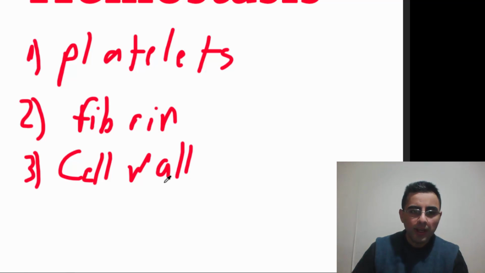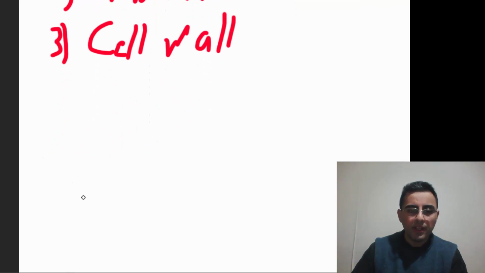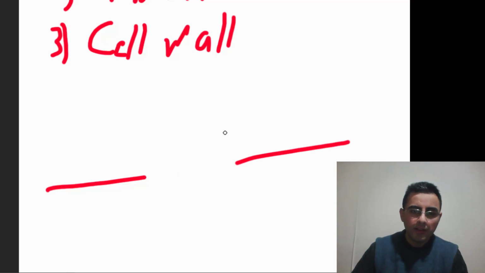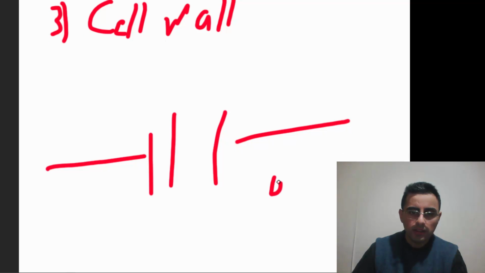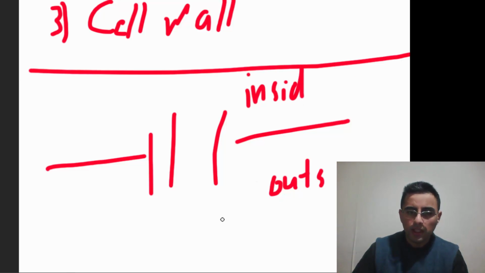The idea of hemostasis is that when there is damage of the cell wall and there is bleeding from there, it's outside. It's inside. It's inside the blood vessel, outside the blood vessel, and there is bleeding.